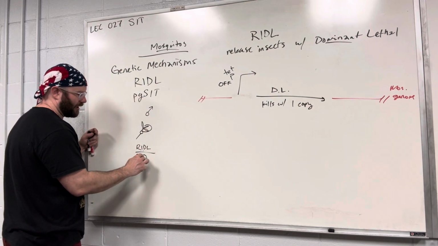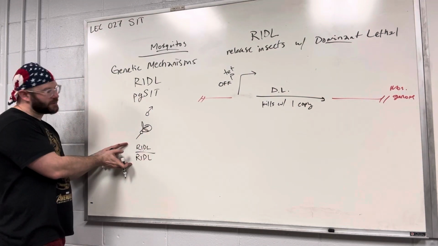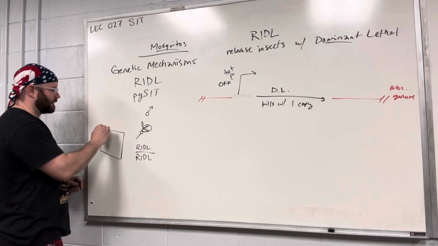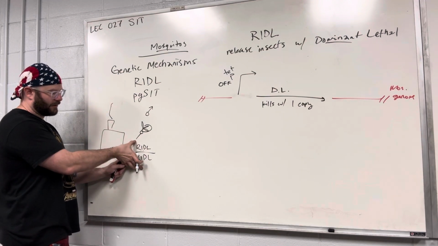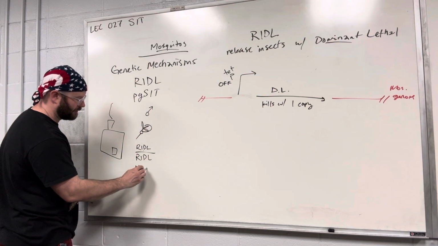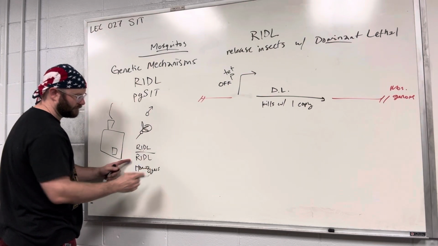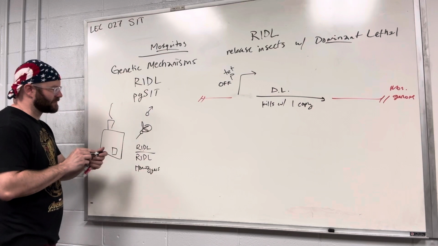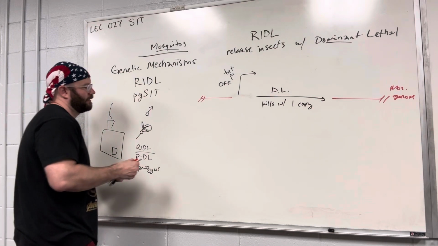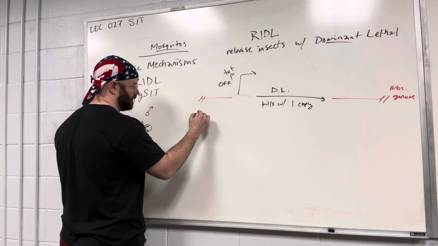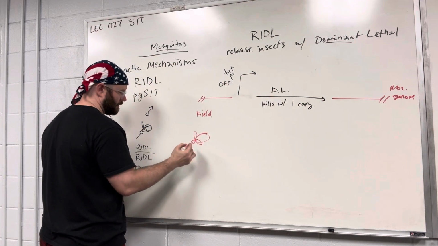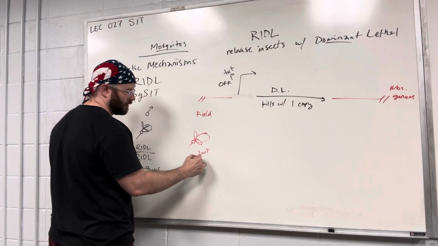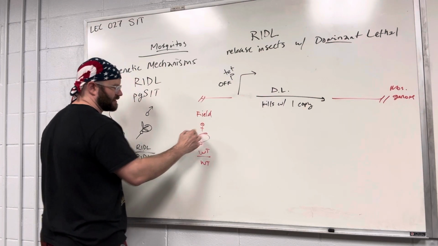So the genotype of the RIDL mosquitoes that they rear in the factory looks like this. It's homozygous RIDL, okay? And the mosquitoes in the wild, in the field, are essentially wild type over wild type. Let's say this is a female.